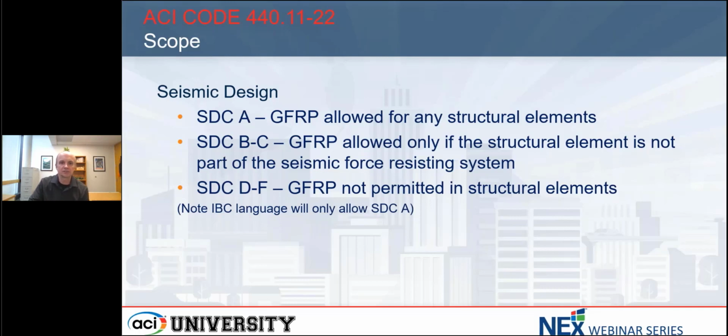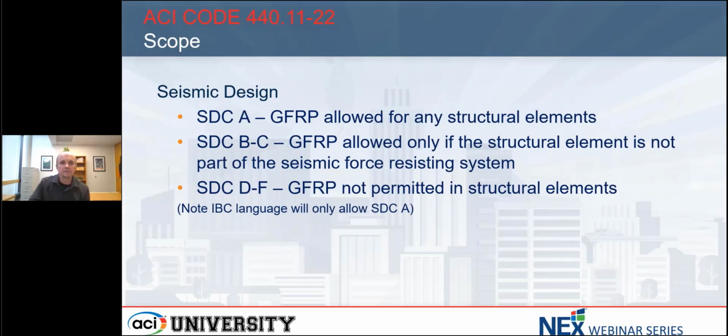So anything that's resisting lateral loads, if GFRP is going to be used, it has to be only seismic design category A. In seismic design categories B and C, you can use GFRP reinforcement, but only in gravity elements. So only in beams, slabs, that type of thing.